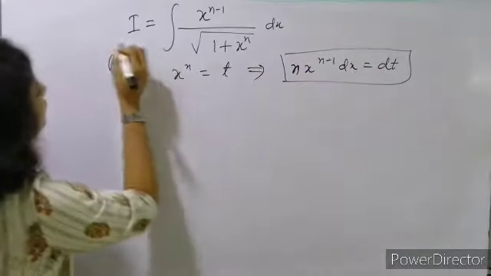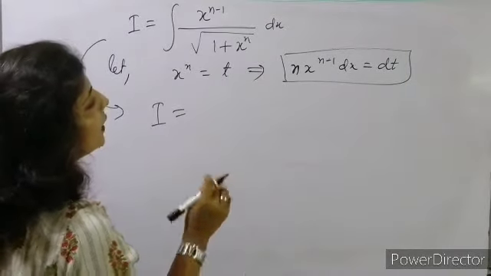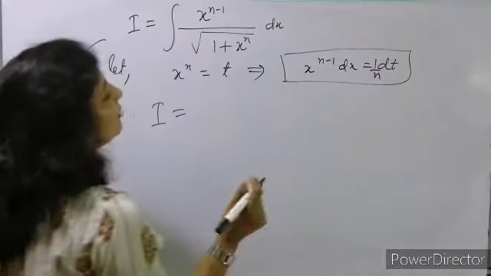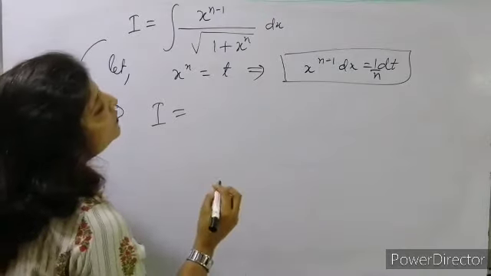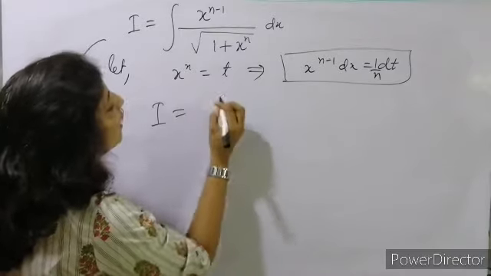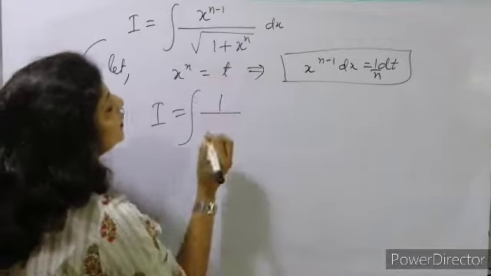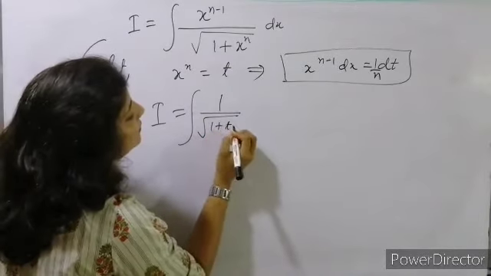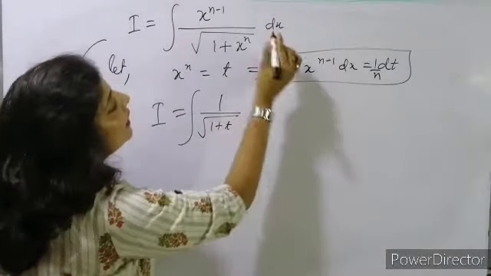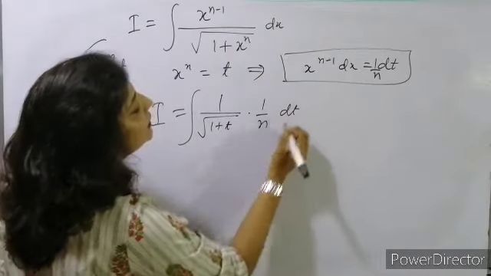Okay. Now we'll put this value. The value of I will be equal to, so here we can write 1 upon n. And 1 plus t under the square root, integral of this, and this value into dx is equal to 1 upon n dt.